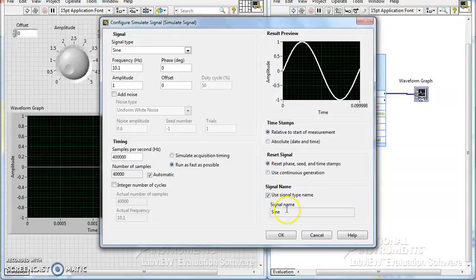These are the default values. Now I'll just generate a sine wave itself, so I'll click on OK.